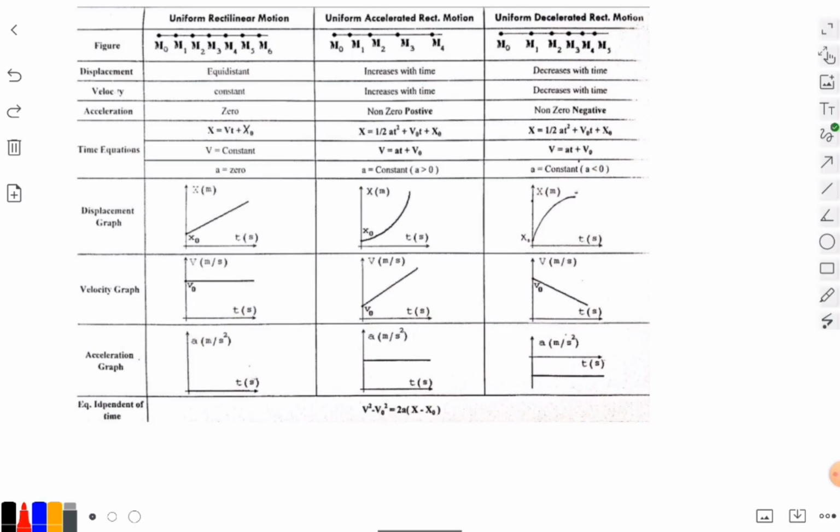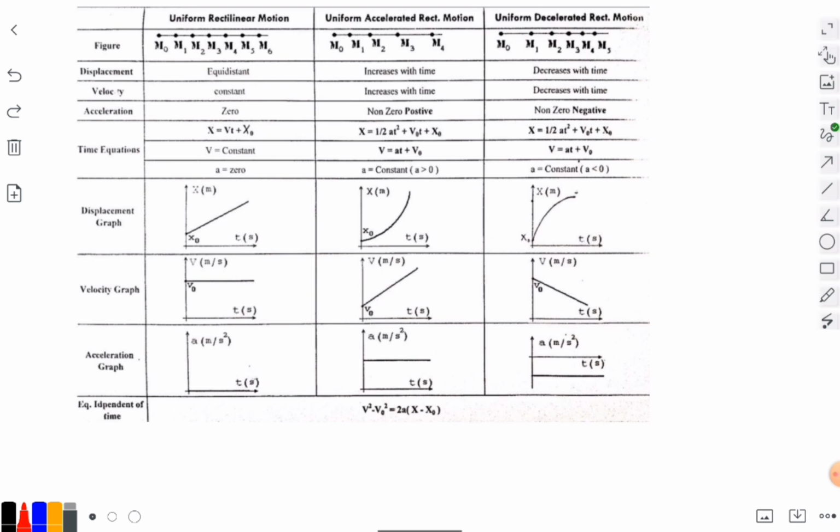As a reference, uniform rectilinear motion. In the figure, the distances between m0, m1, m2, m3, m4 are equidistant. While in uniform accelerated rectilinear motion, the distance between the positions m0, m1, m2 increases with time.